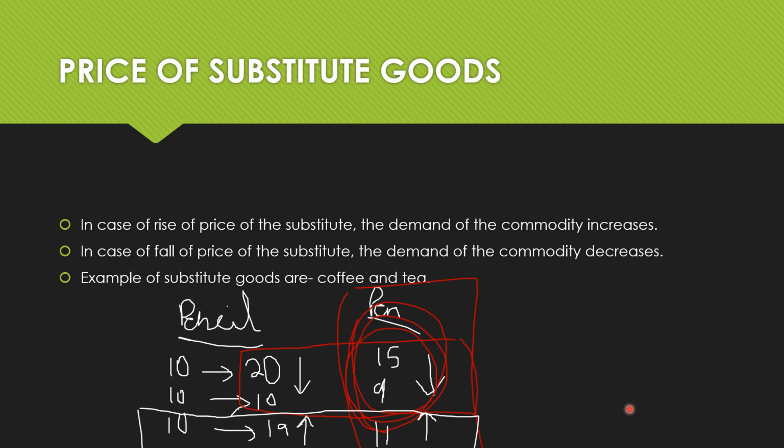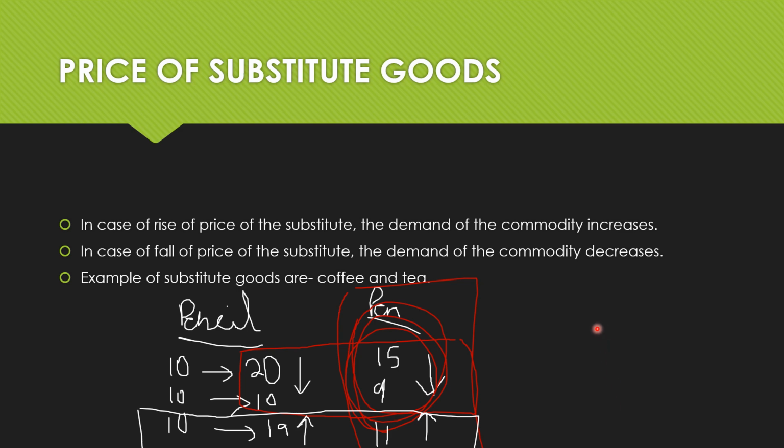In substitution effect, we are focusing on how the relative price of pencil is affecting the demand of the pencil. In the case of price of substitute goods, we see how the price of pen is impacting the demand of pencil. This is the way it differs.